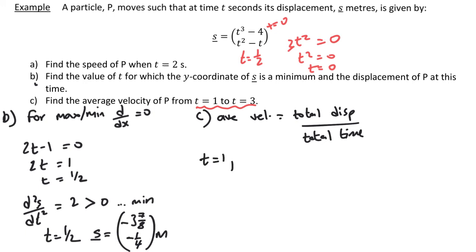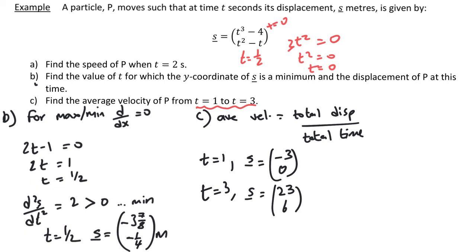So when t equals 1, s is going to be 1 cubed minus 4, so that's minus 3, and 1 squared minus 1 is 0. When t equals 3, s is going to be 3 cubed minus 4, so that's 23, and 3 squared minus 3 is 6.